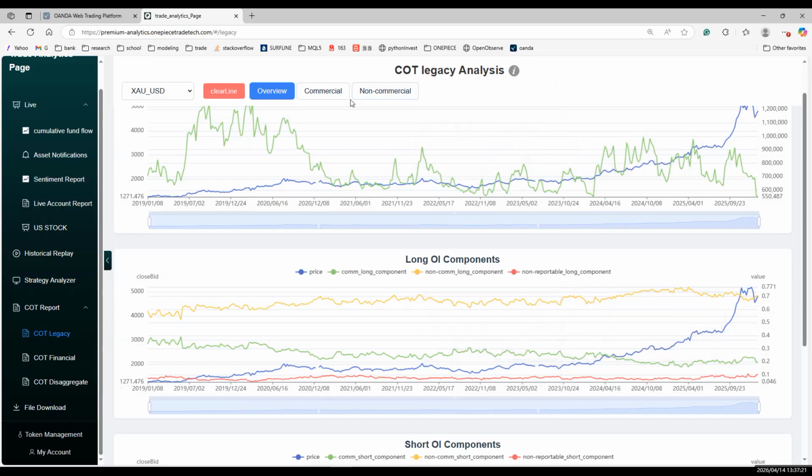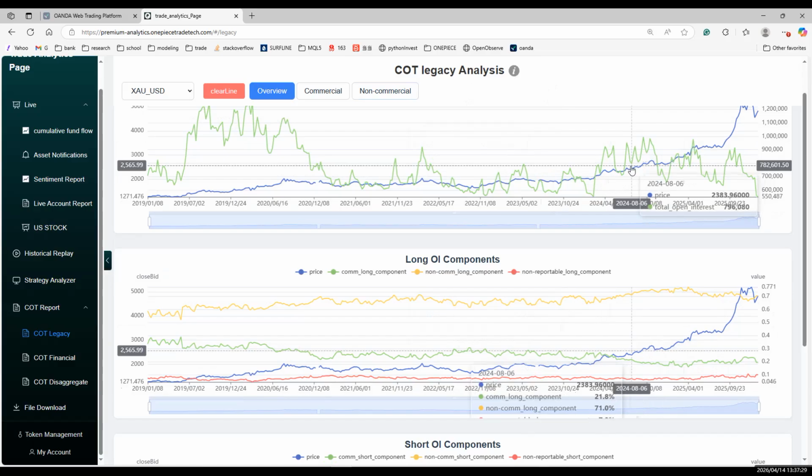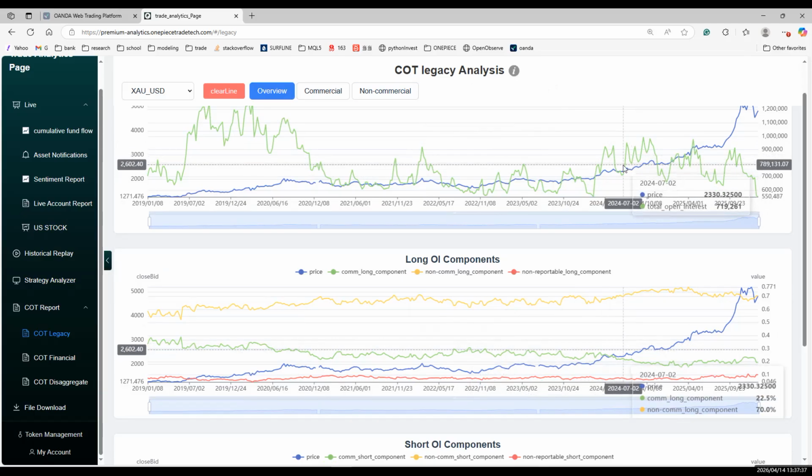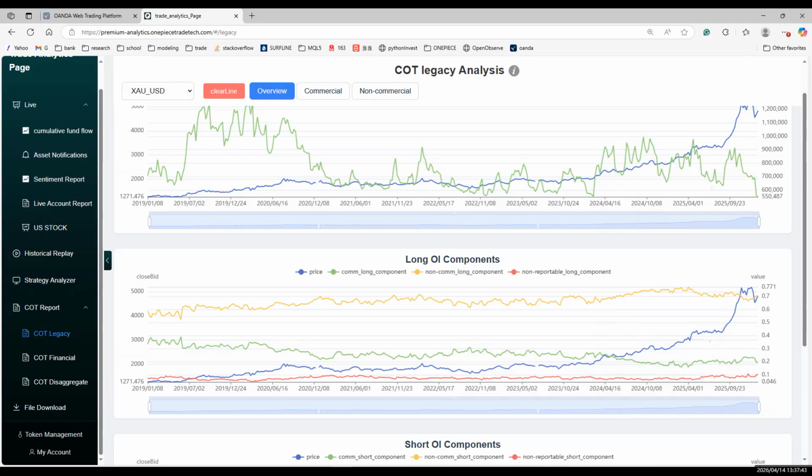All physical commodities, such as gold, aluminum, and platinum, will appear in the disaggregated report, and all the financial-related futures contracts such as e-minis or forex are included in the financial futures report.